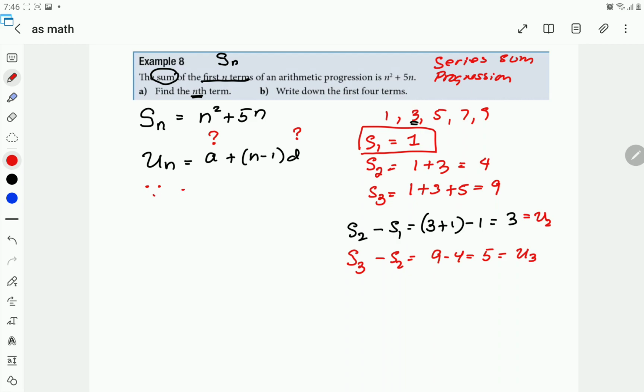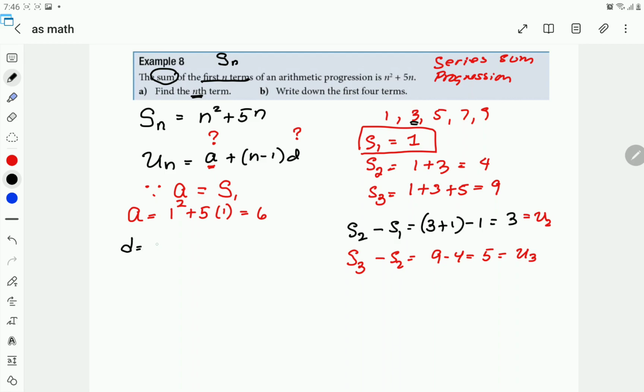Since the first term is equal to S1, the first term is equal to 1 squared plus 5 times 1, which is equal to 6. Now we know that to be 6. We need to find d.